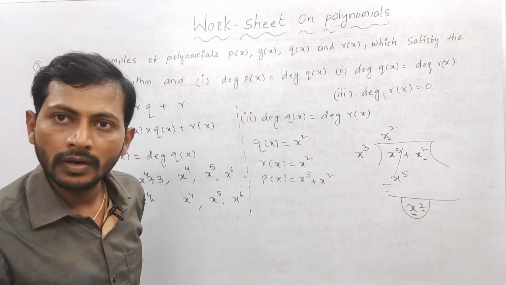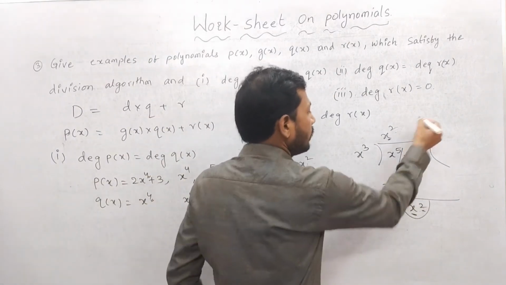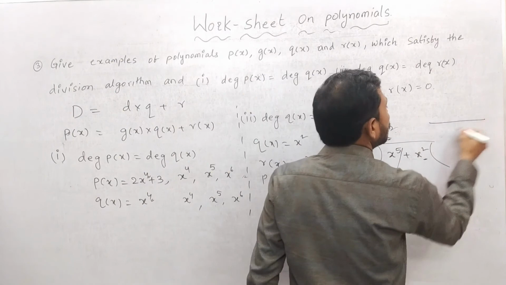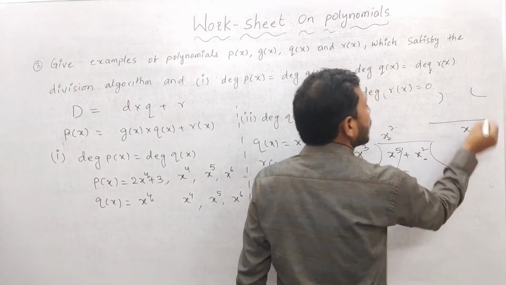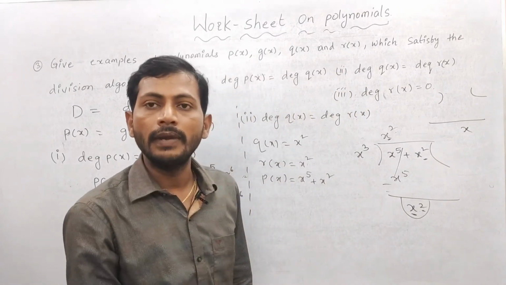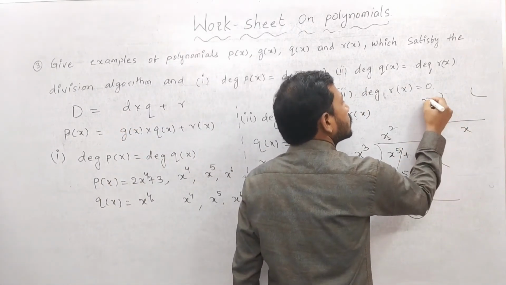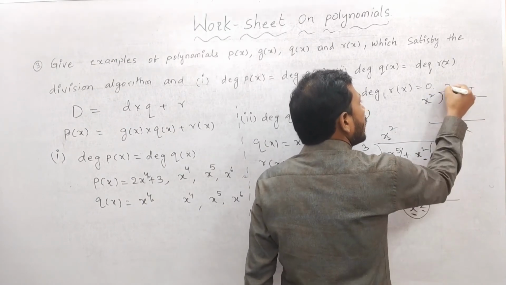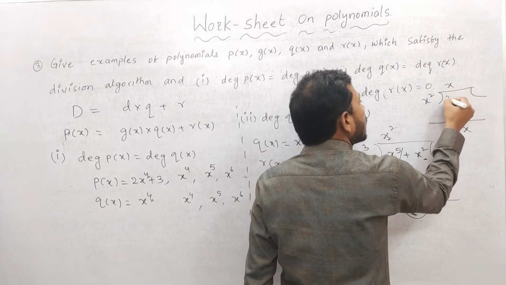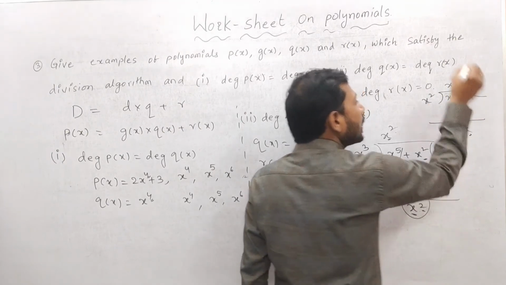Can you try one more? Okay, we will try like this. Shall I rub this one? Otherwise I will do it here. I am taking like this. Sir, the remainder, how much have I taken? x. If you take the remainder as x, the quotient should be more than x, then x square. Then I am writing here, sir, here also you require x only. x square into x is x power 3, plus here you need x only, that's why I am keeping here x.